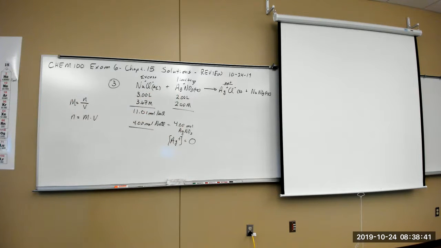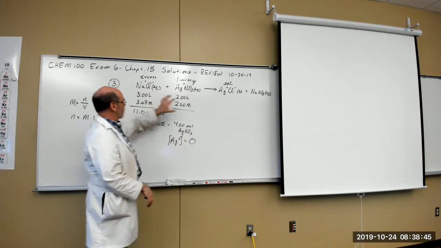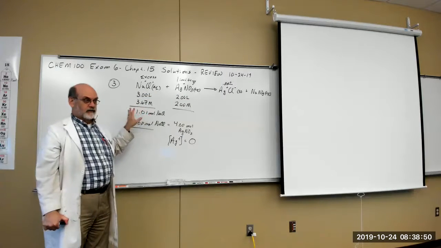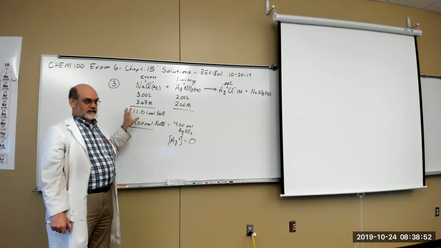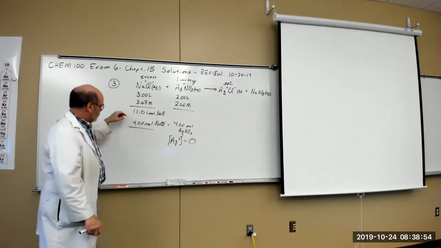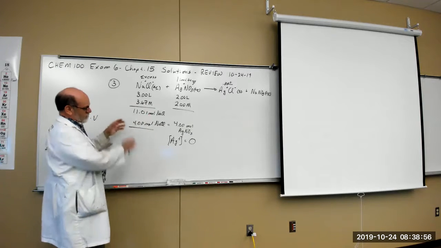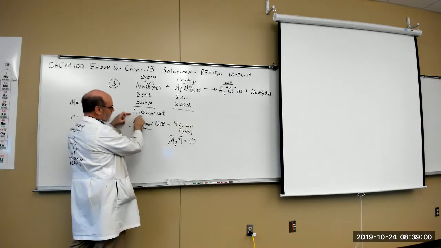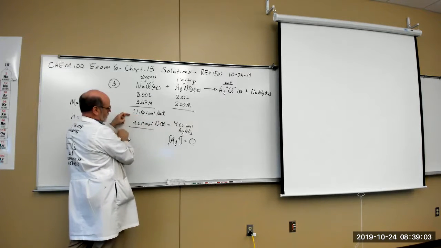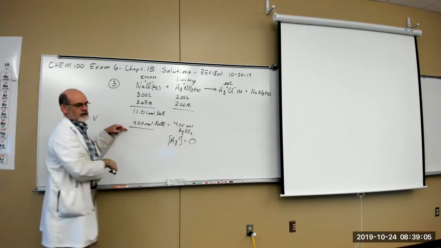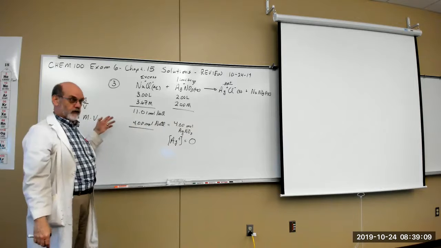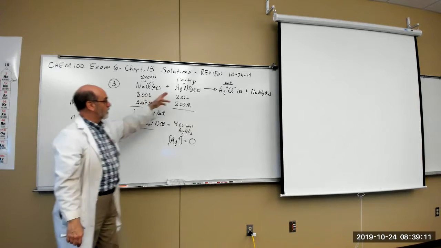Okay? If it was the other way around, like we had this one over here and this one over here, then we'd have some excess silver. Right? You just have to calculate how many moles. Well, let's say if the shoe were on the other foot, as they say, if this were silver nitrate, then you would have about 7 moles of silver nitrate left over. So you'd have 7 moles of silver ions because it's 1 to 1.